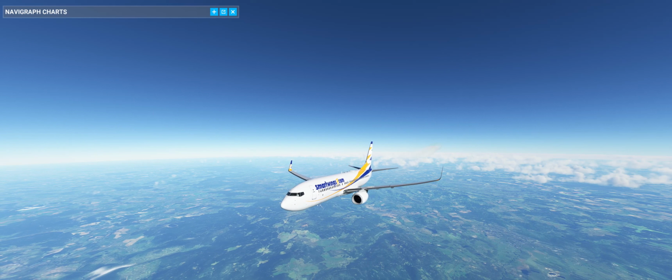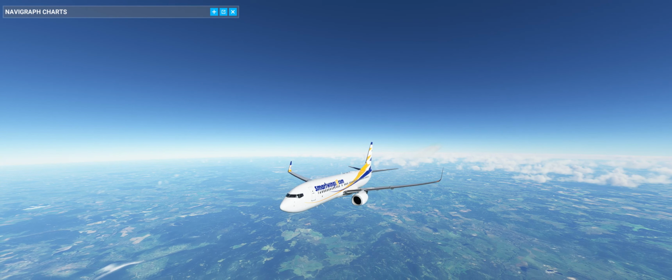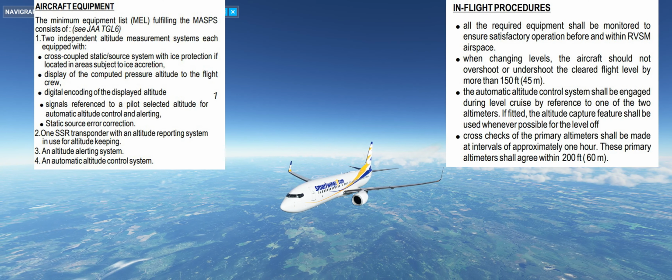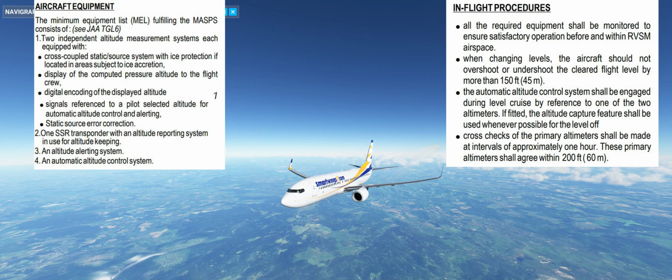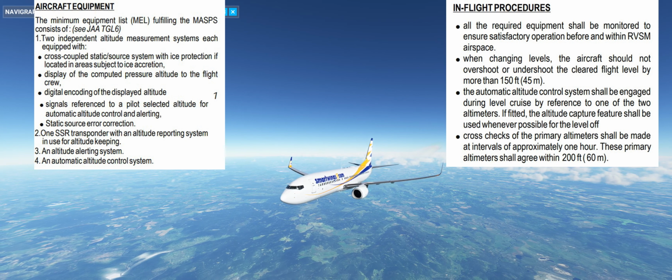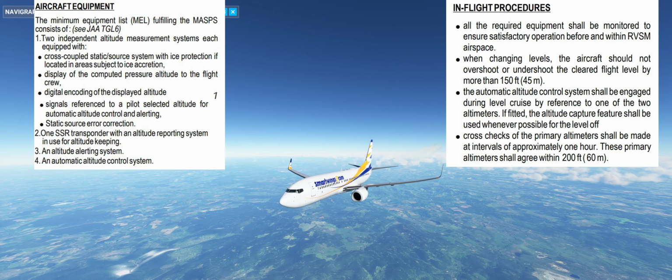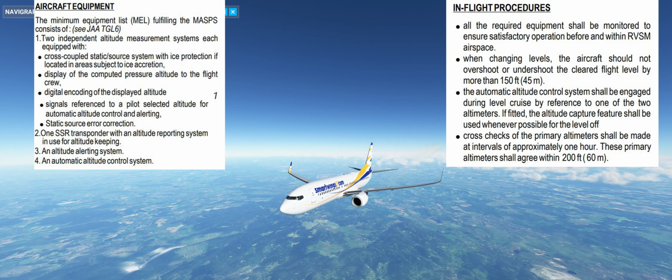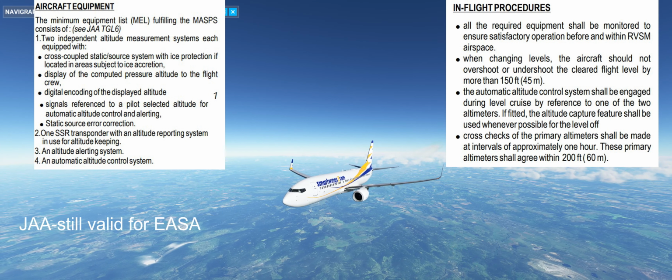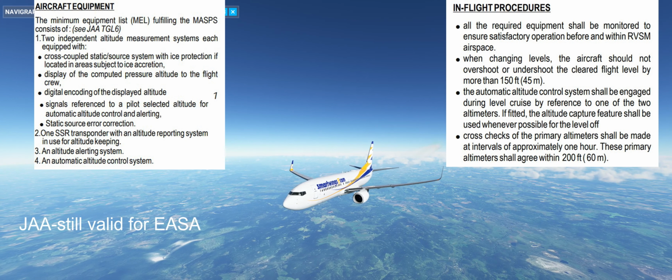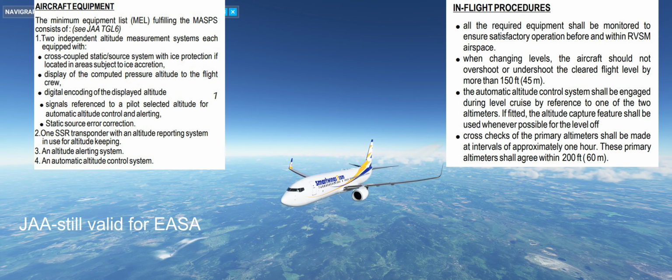Okay, just for information, the equipment, according to the minimum equipment list from EASA, requires two independent altitude measurement systems, each equipped with cross-static source systems with ice protection.